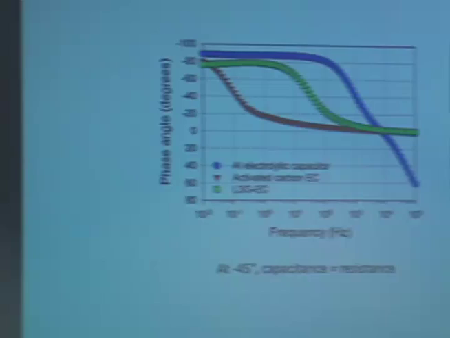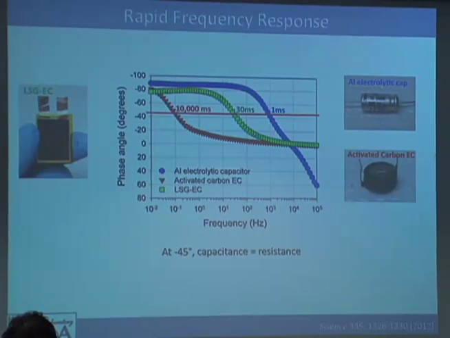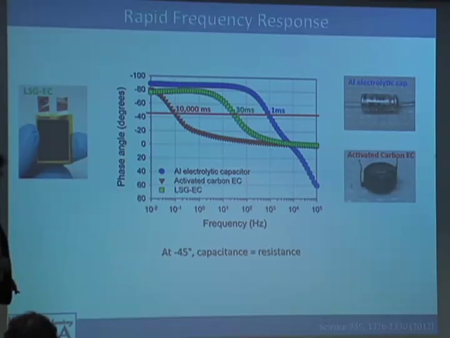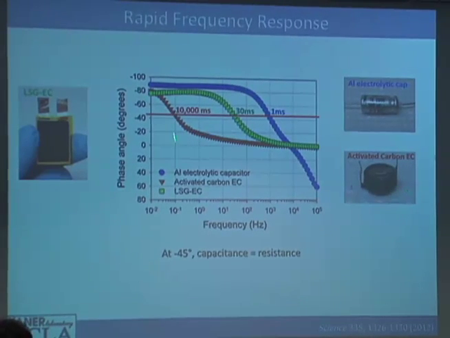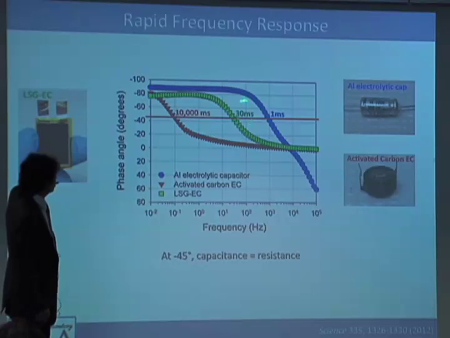We're looking at the phase angle versus frequency because we want to know how fast they respond, because this is important for various applications. And so it turns out that a commercial supercap, carbon-based, has a time constant of about 10,000 milliseconds. Whereas our material has a time constant of 30 milliseconds. You can compare that to an aluminum electrolytic capacitor at 1 millisecond.